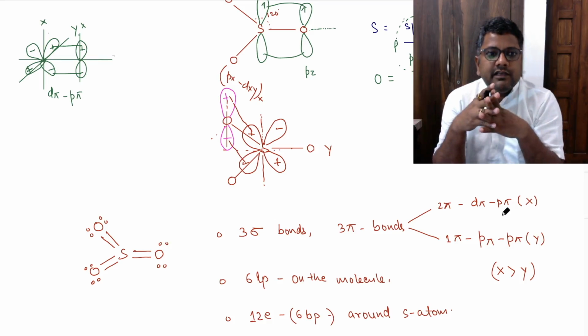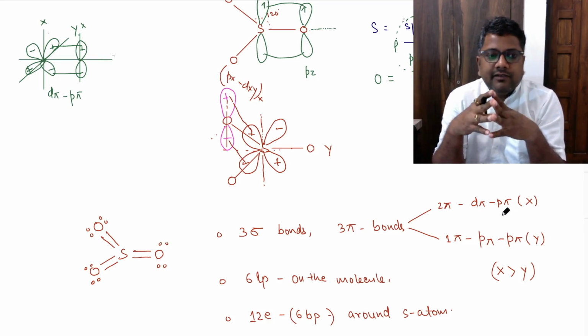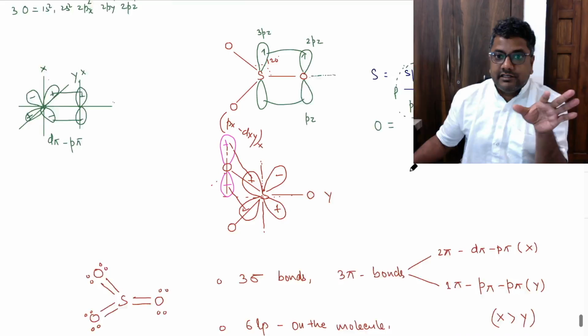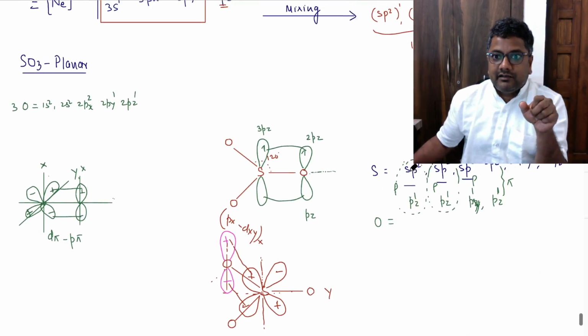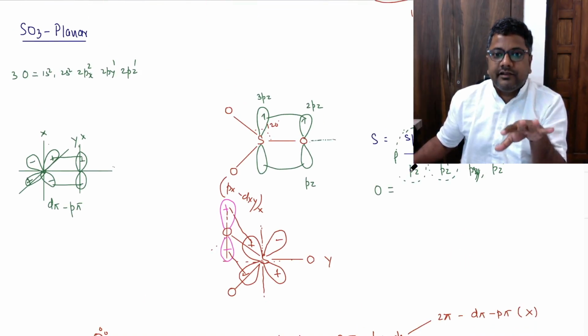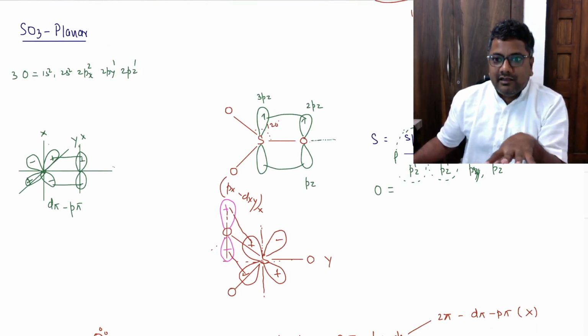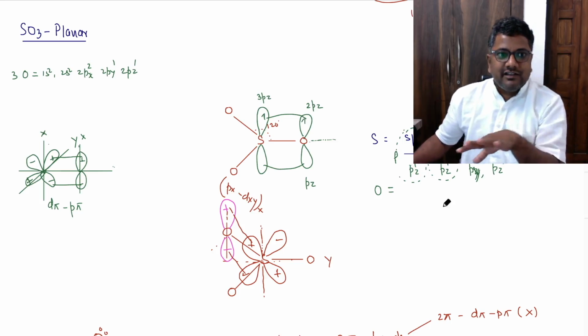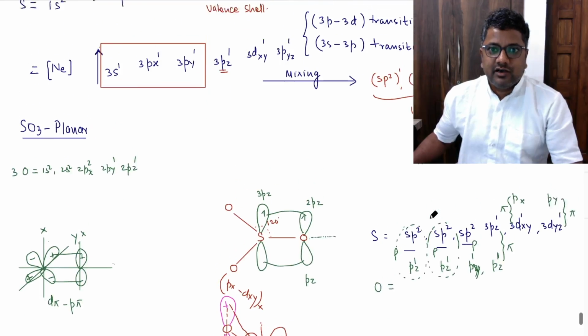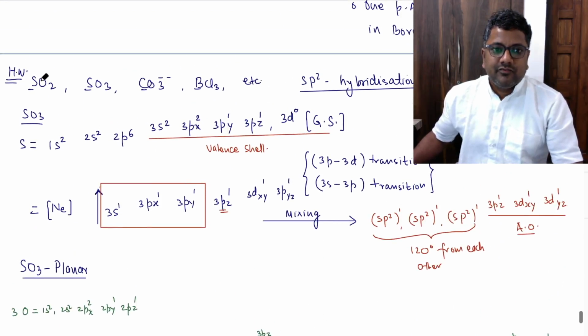So in this way, if you are able to visualize, then definitely there is no problem in chemistry, right? So this is a very complicated molecule, sulfur trioxide molecule. It is very difficult to explain this bonding pattern in sulfur trioxide. So all of you should try to show the formation of sulfur dioxide, carbonate ion, and PCl3 is very simple.